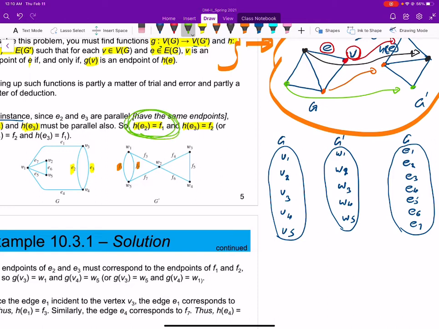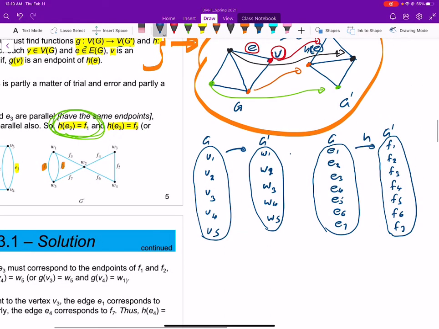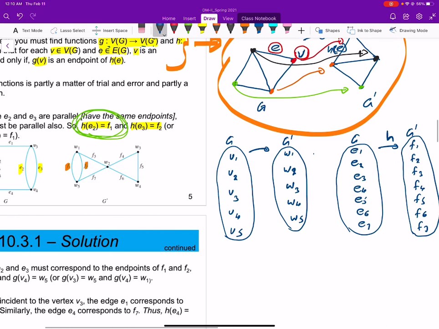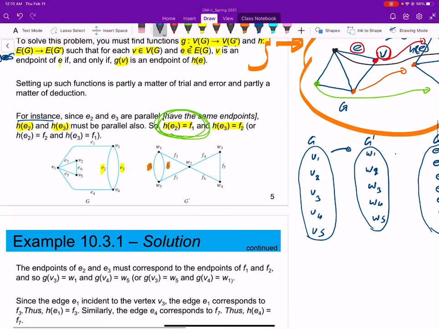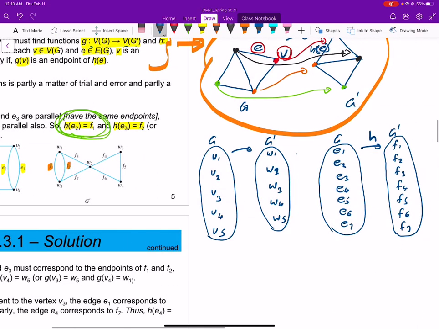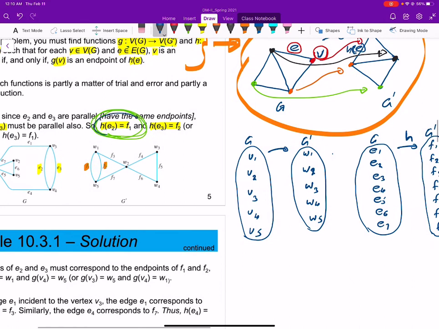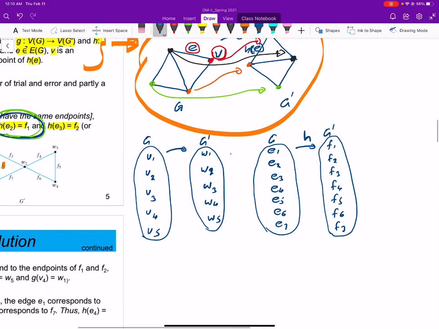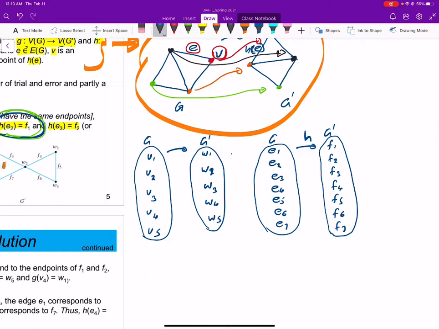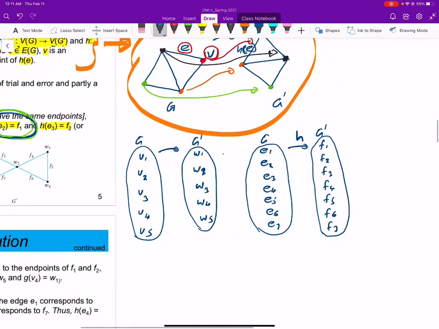The mapping function is H. H is the map of edges. This says E2 will map with F1, so find E2, which is right here, which maps with F1.